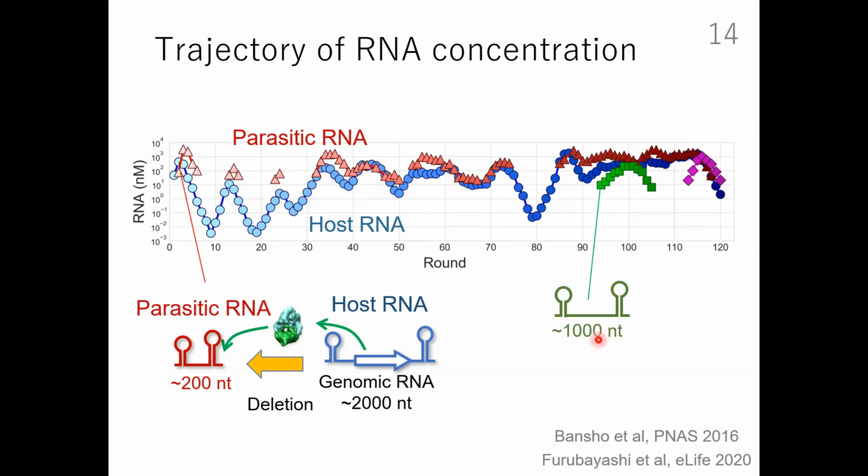The green one is a long parasite, about 1,000 nucleotides, and the purple one is a middle-sized parasite, about 500 nucleotides. These are new parasites. We isolated these RNAs, but they don't replicate by themselves; they are replicated only combined with host RNA. So now we found that various types of parasitic RNA appear.